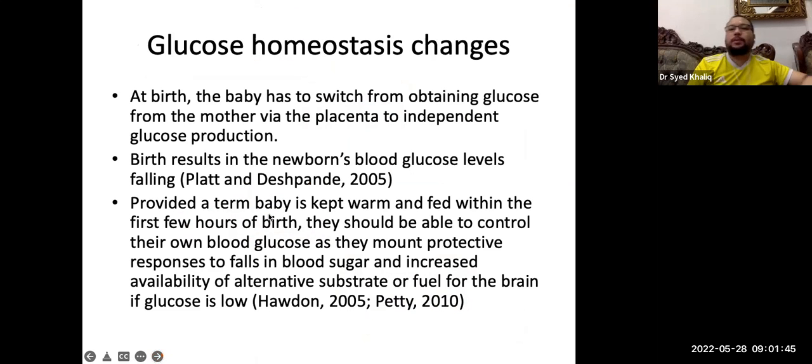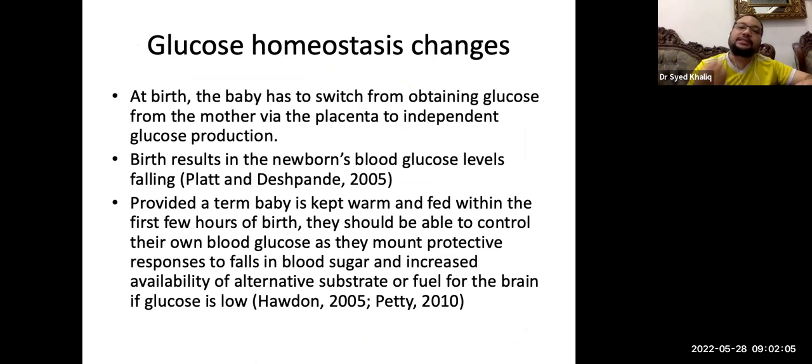Next is glucose. Glucose is another problem. As you remember, in utero, babies get glucose from the mother. But now, after being born, baby needs to get glucose from somewhere else, from feeding and so on and so forth.